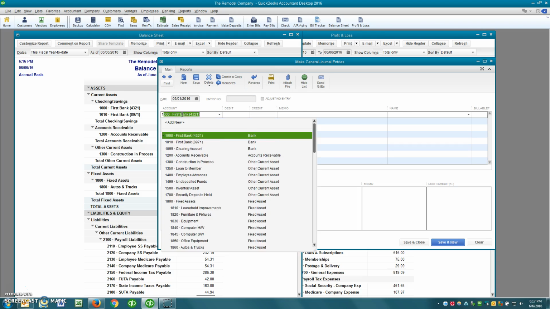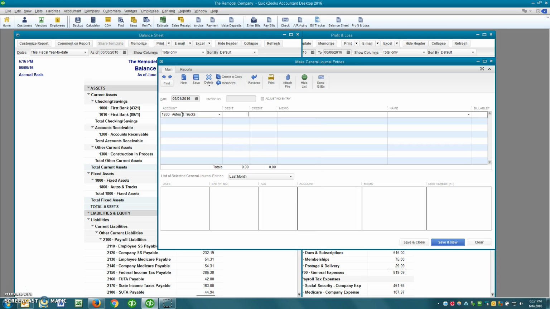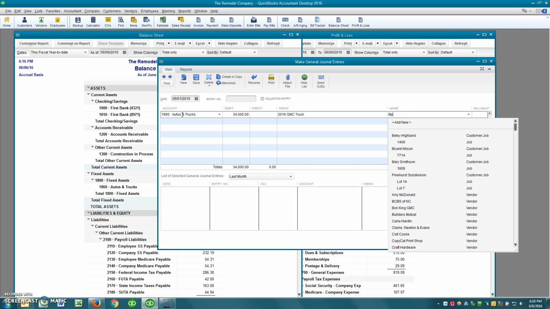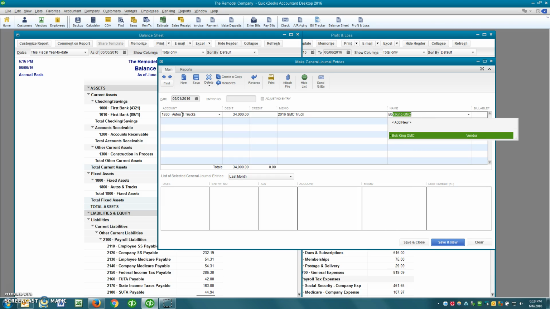We'll say 1860 is the account, so that's going to be the debit. That's going to show the $34,000 balance that we owe. And again, we'll put 2016 GMC truck, and that was from Bob King. Okay, that we bought the truck.